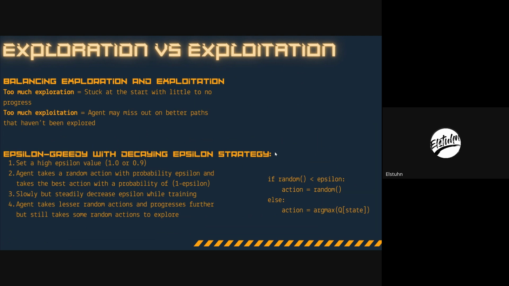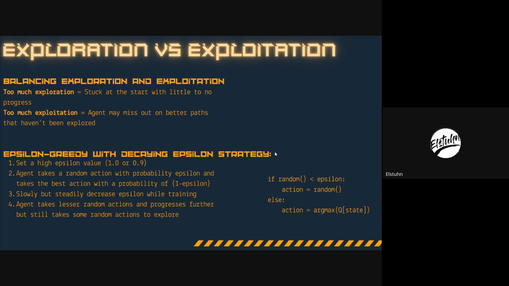One very commonly used method is the epsilon greedy with decaying epsilon strategy. What this means is that we have a variable called epsilon. We normally set it to a high number at the start of training, like 1.0 or 0.9. So if we set epsilon to be 0.9, the agent will take a random action 90% of the time, and 10% of the time it will take the best action.